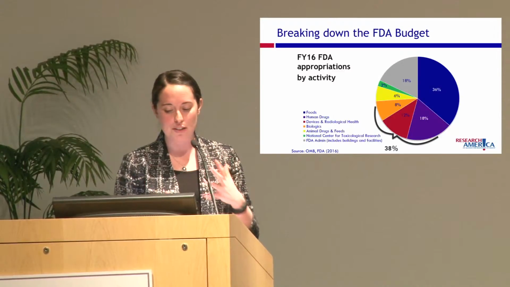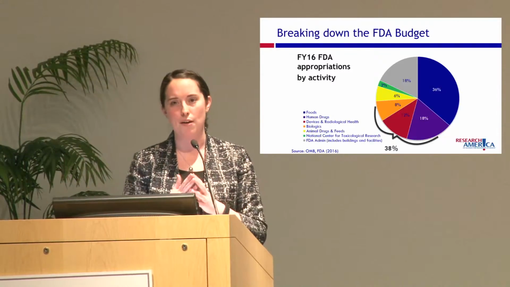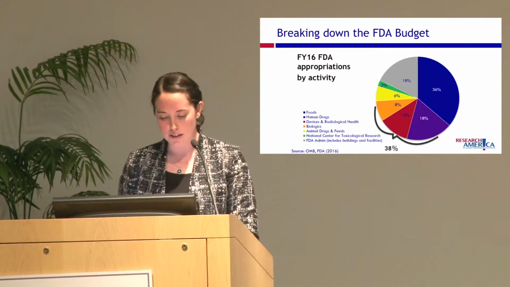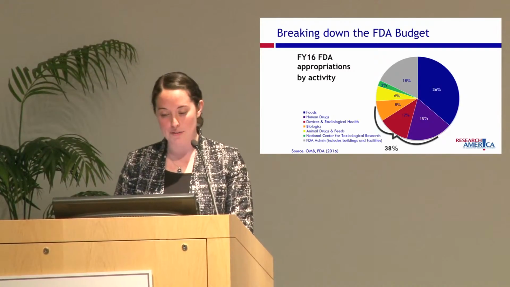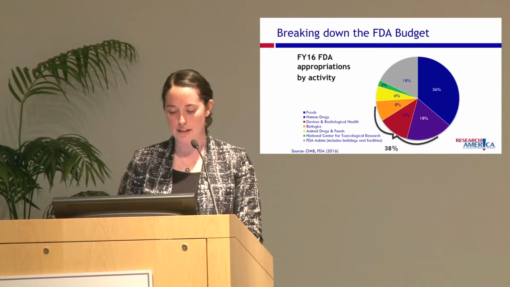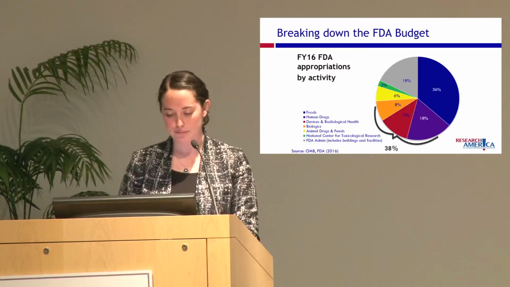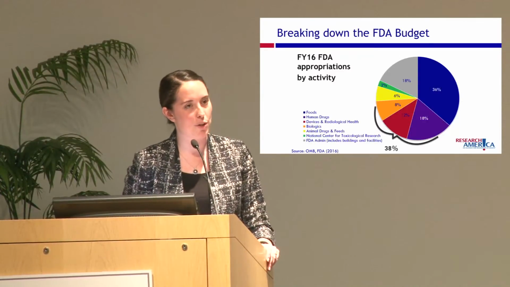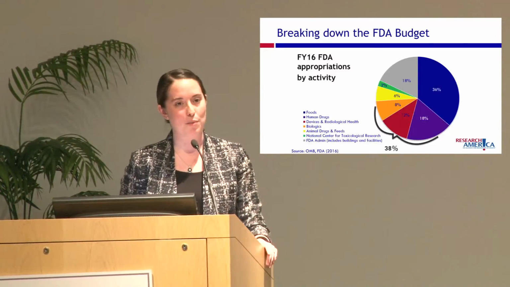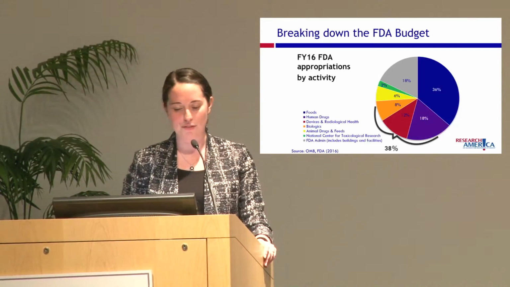And as I said, user fees are targeted to help speed approval, and you'll hear more in a coming session about user fees and how those work. But when we look at the whole FDA budget, about 40% of it is devoted to drugs, devices, and biologics. So you can see this section here is the FDA budget that we're talking about for the purposes of approving therapeutics and treatments. So that is sort of our overview.